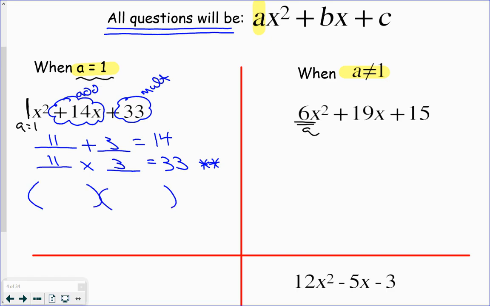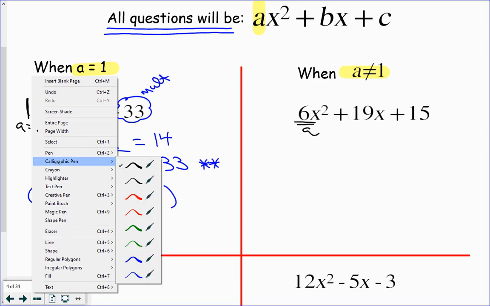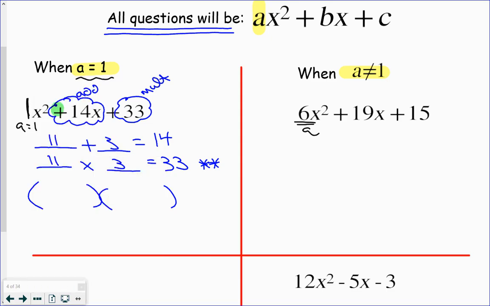Okay, draw your 2 brackets. So what we have here is x squared. So in the first spot in each bracket, you're going to go x times x, because x times x would take me back to x squared.